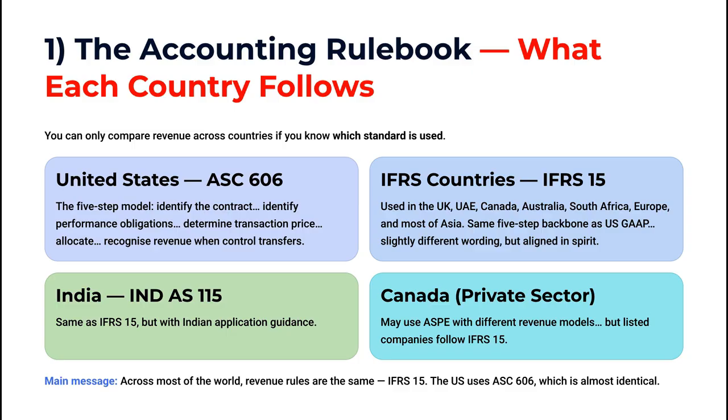Same as IFRS 15, but with Indian application guidance. Canada, private sector, may use ASPE with different revenue models, but listed companies follow IFRS 15. Main message: across most of the world, revenue rules are the same, IFRS 15. The US uses ASC 606, which is almost identical.